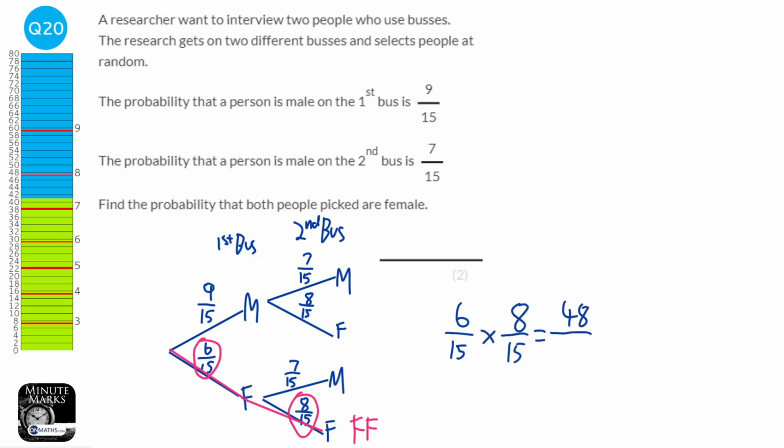And times the bottoms, 15 times 15 is 225. Now you can actually cancel that down. So you can divide top and bottom by 3, and that would be 16 over 75. So either 48 over 225 or 16 over 75.